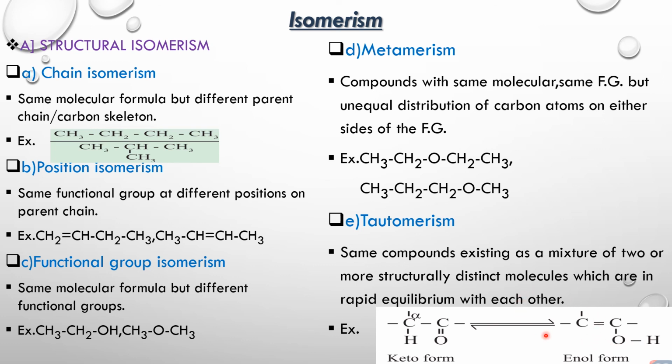The second form of this molecule is called the enol form. Enol, because en means double bond, ol means alcohol. So in the same molecule we have both functional groups, the alkene double bond and the hydroxyl group, that is the alcoholic group. Therefore it is called the enol form, and this first form is the keto form because it is a ketonic group. Such type of isomerism is called tautomerism.